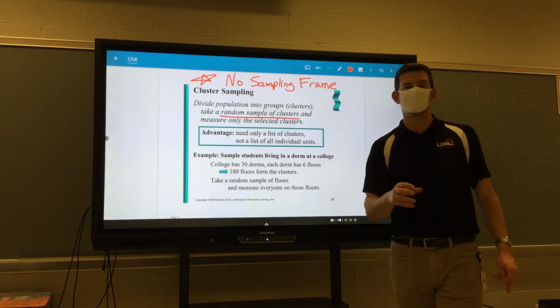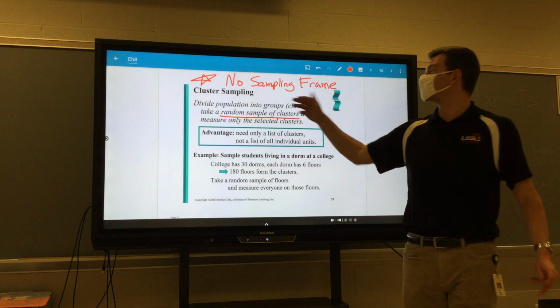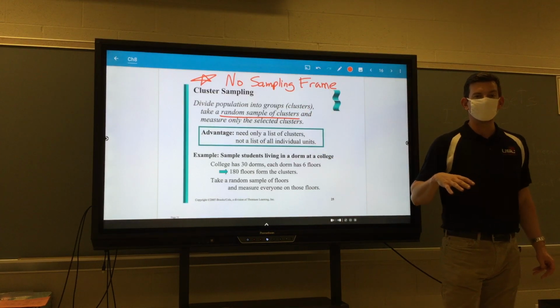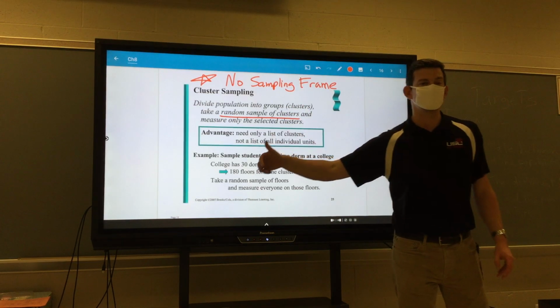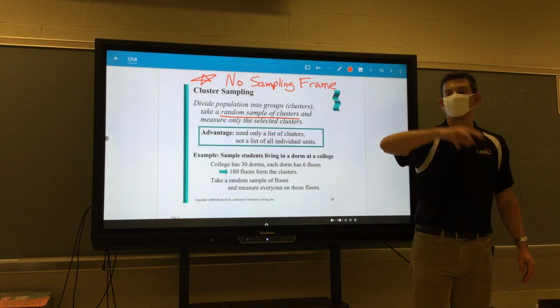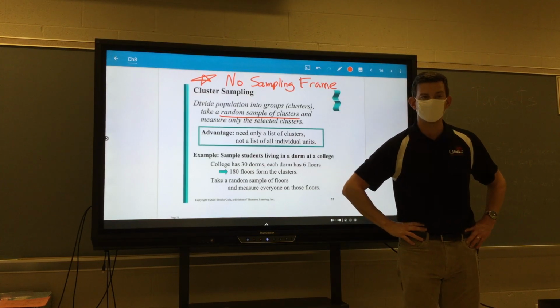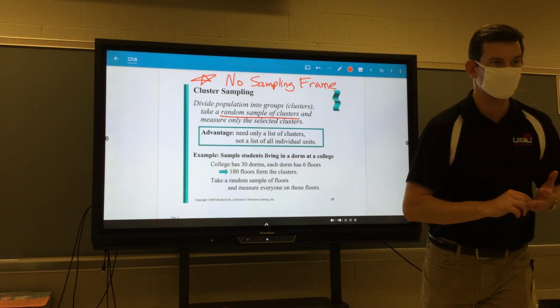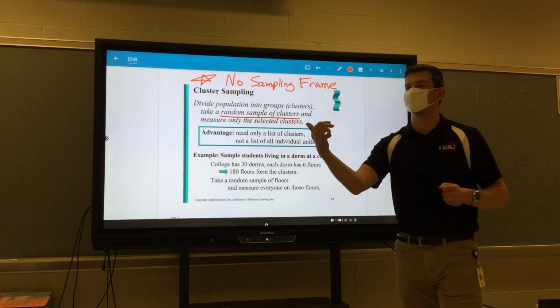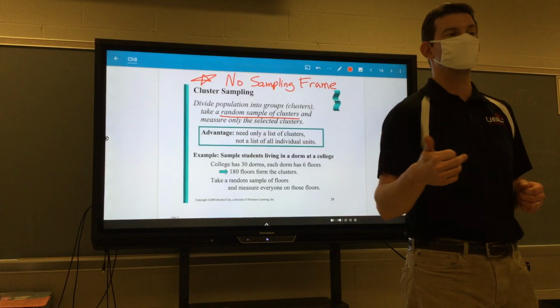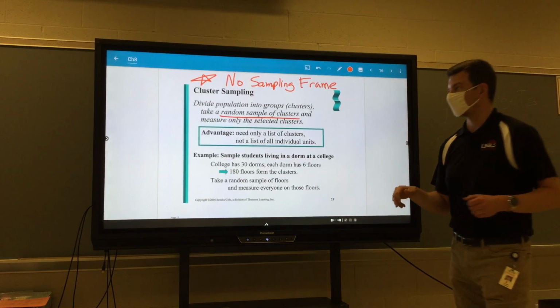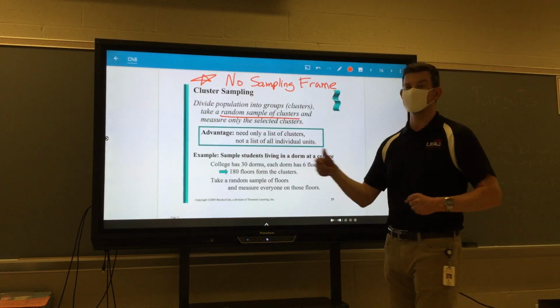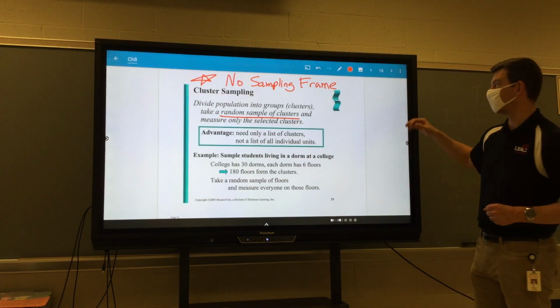Get it down to like the township or the municipality level, and then maybe you cluster sample based off of neighborhoods within that community and take clusters of neighborhoods, okay, and identify and interview everyone within those selected clusters there. Okay, that might be a more practical step as part of a multi-stage sample.